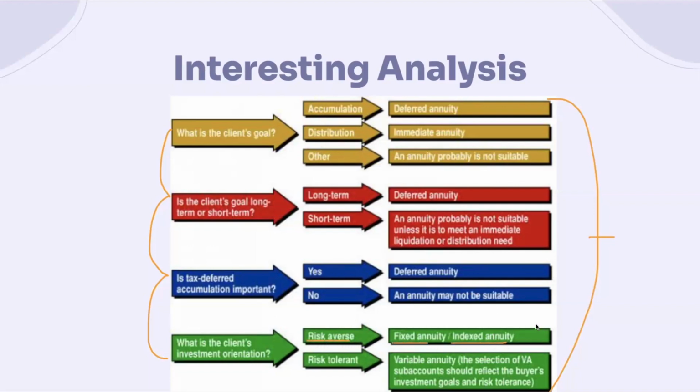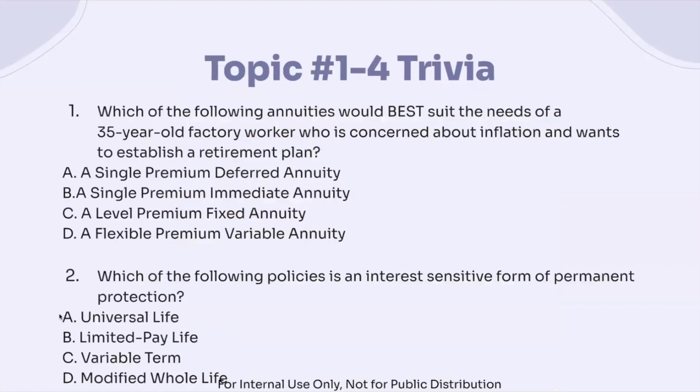We don't want variable annuities. Through that, you can also review your definitions: what do variable annuities mean? They mean that the funds are not guaranteed. They can drop due to market performance in the separate accounts. This is interesting to take a look at, and I recommend doing this. It'll help with your review as well.